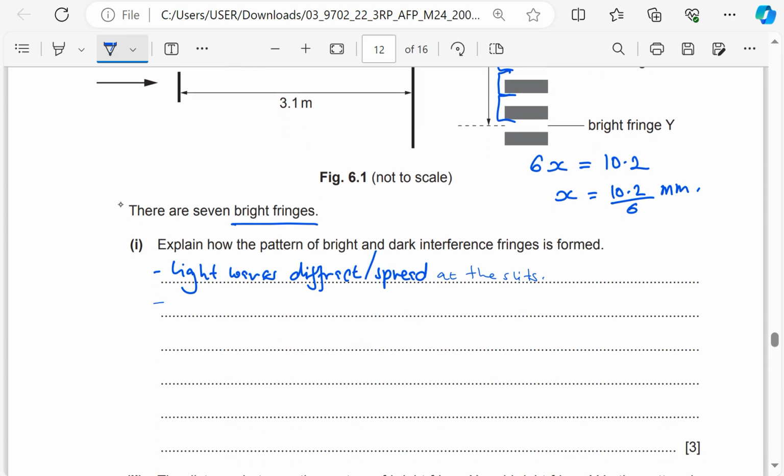Then the diffracted light from the slits, or from each slit, superpose at the screen or meet at the screen.